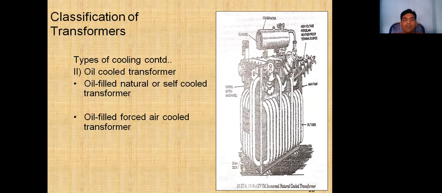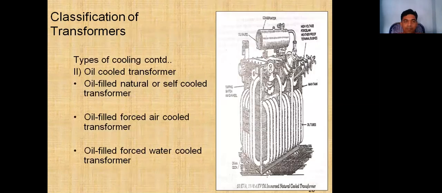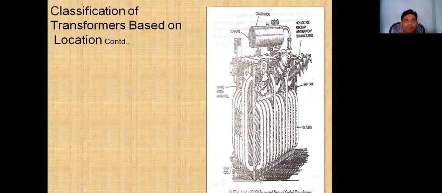And there are oil-filled forced water-cooled transformers. Here, the oil pipes are cooled with water.